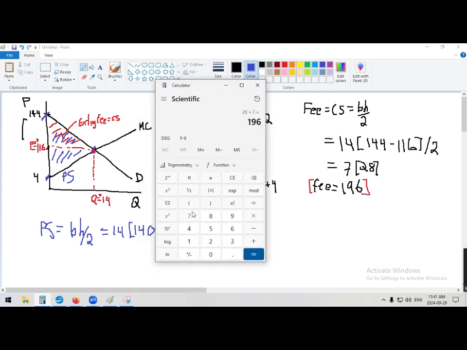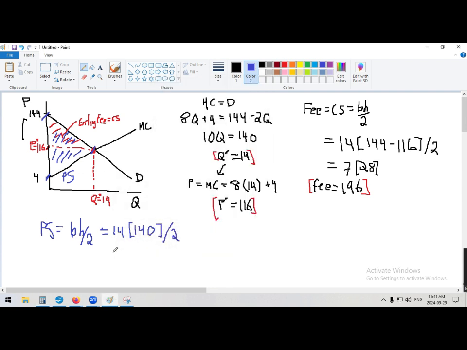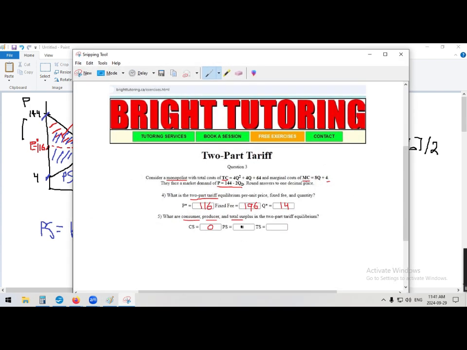So basically we'll have 7 times 140, which is 980. So that's going to be that whole area here for 980. And then you add them both up. 980 plus 0 is total surplus. And that's how you do that question.